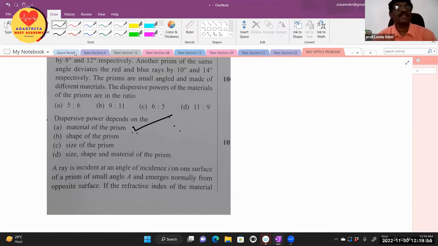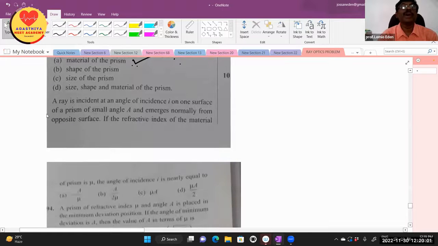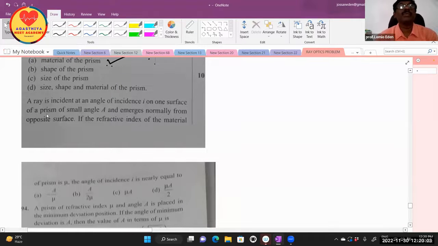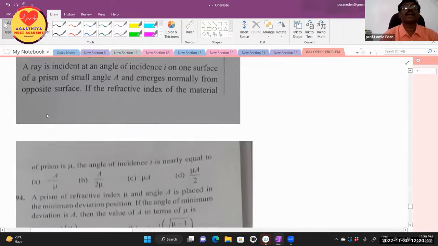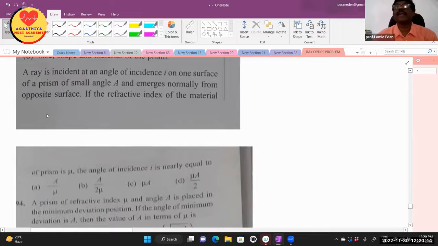If the refractive index of the material of the prism is mu, the angle of incidence I is nearly equal to A divided by mu, A divided by 2 mu, mu A, or mu A divided by 2.